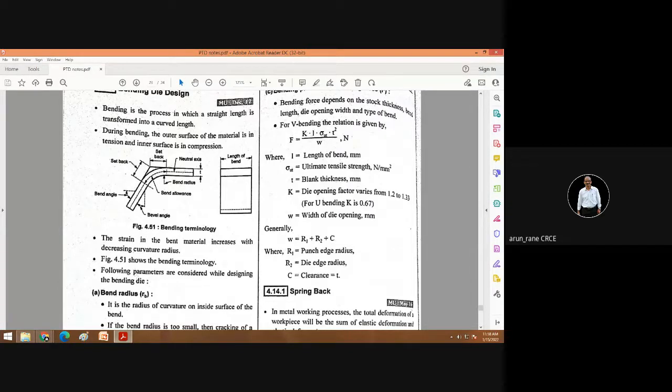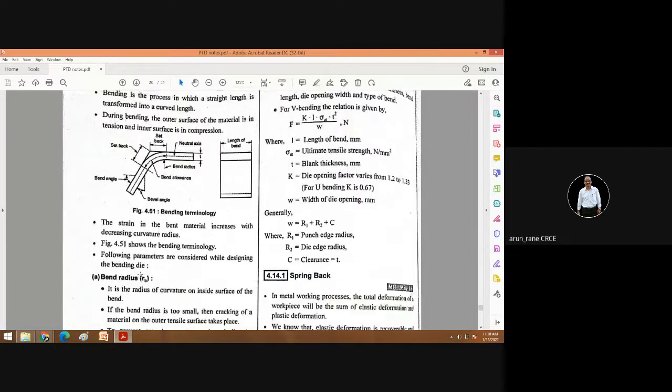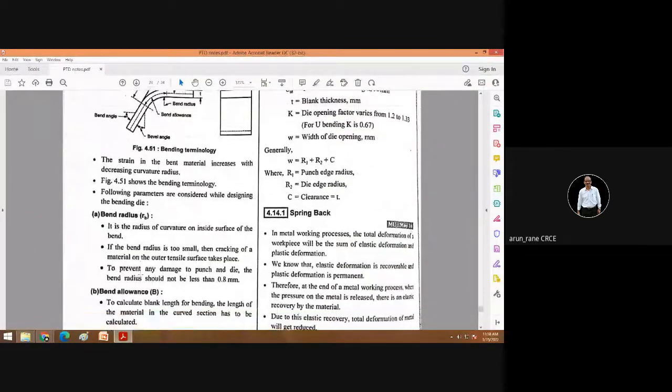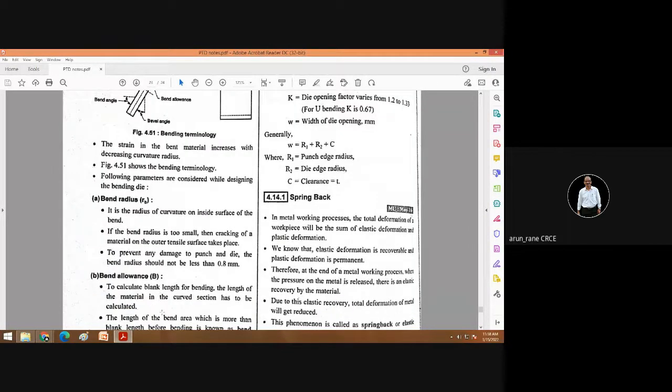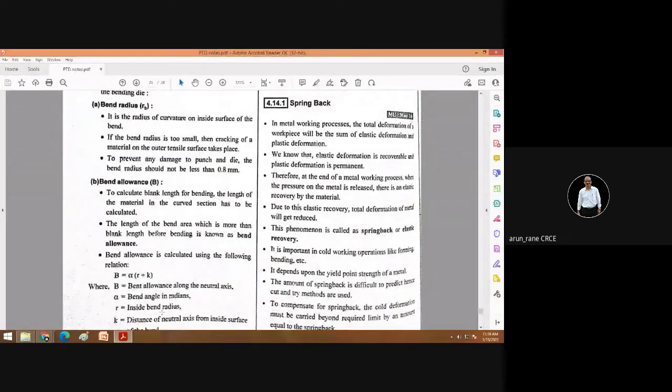So how to calculate the bending length or develop length? You need to know the bend radius, that is the inside bend radius. Then calculate the bend allowance. Bend allowance is calculated by this relation: B is equal to alpha into (R plus K).